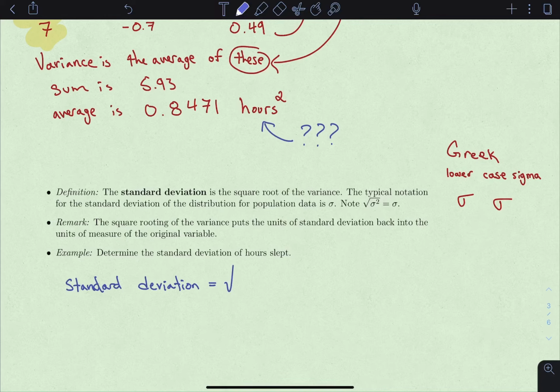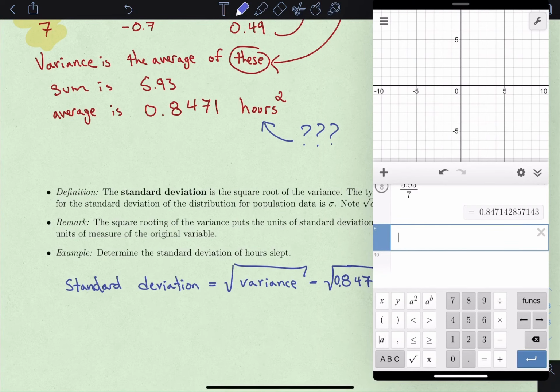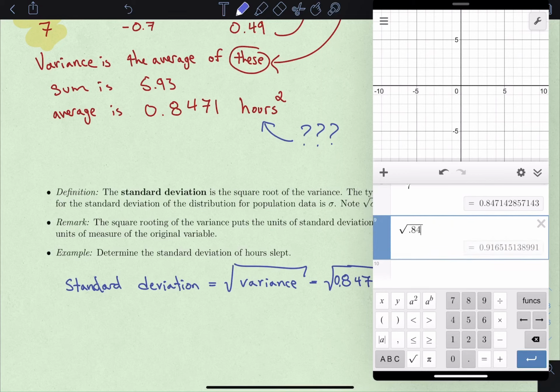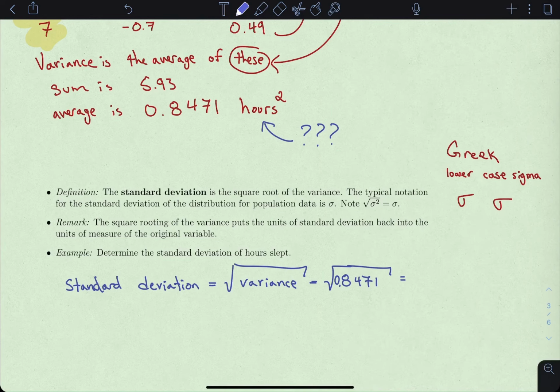So we just need to do this final bit, standard deviation equals square root of variance equals 0.8471 equals, and let's just bring our little calculator back, square root 0.8471, 0.92.